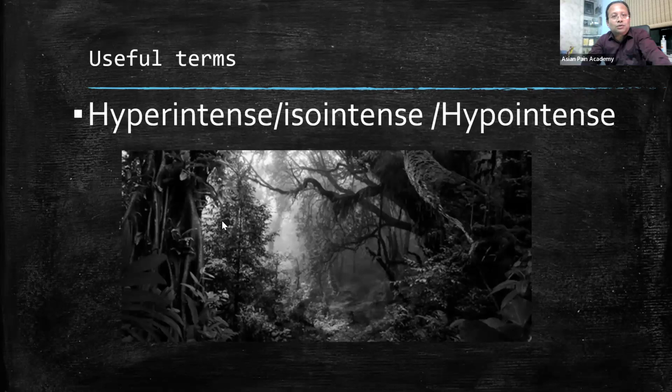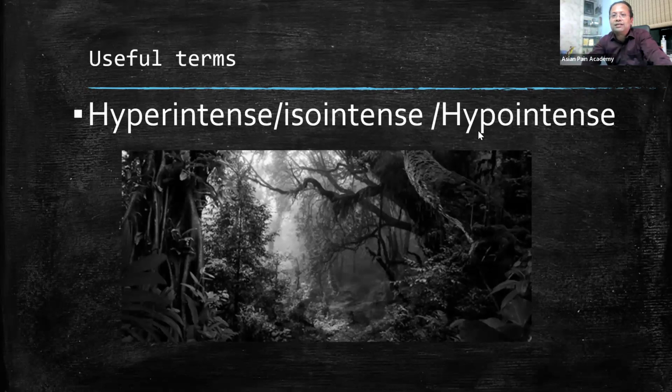Now, as I told you, white or black, but in medical terms, white means hyperintense. When we are talking about MRI, we talk with intensity: hyperintense, isointense, hypointense. Isointense means the same color hue.